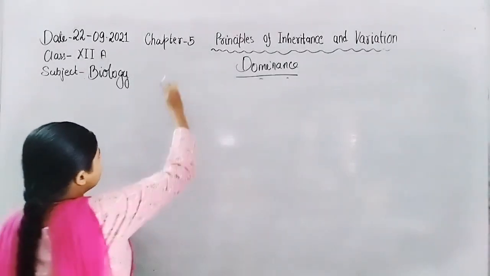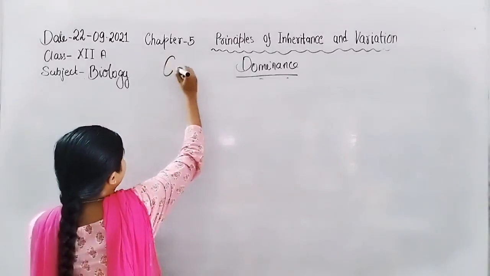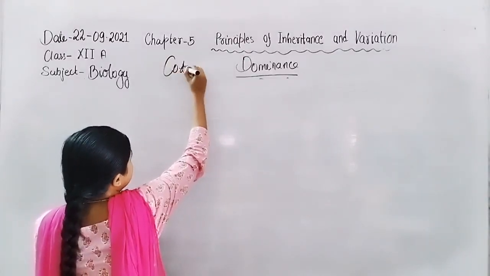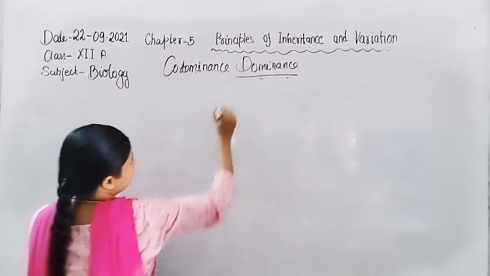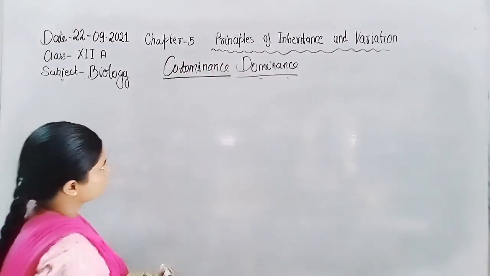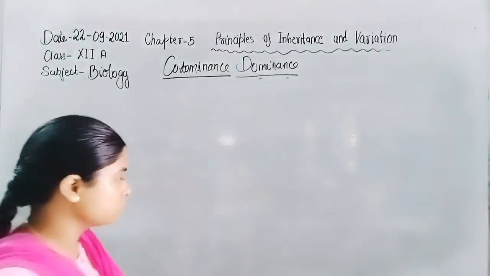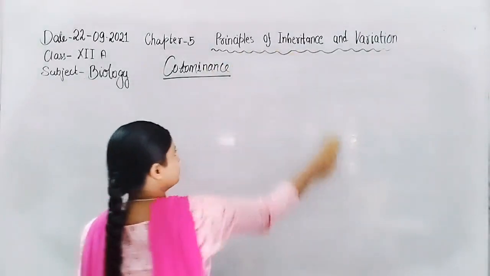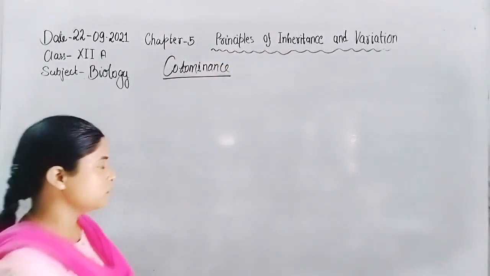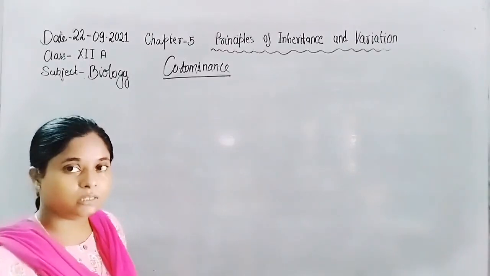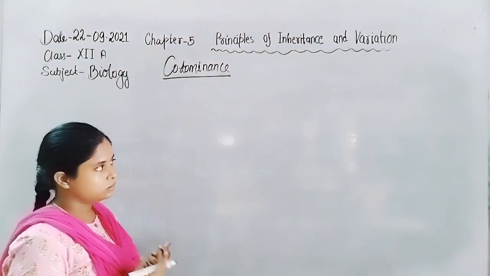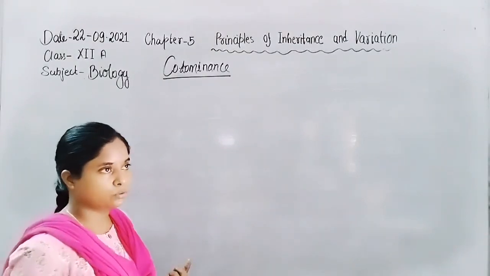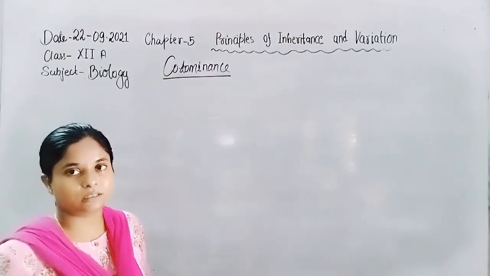If both the dominant alleles are present, in that case the organism will show both the dominant characteristics.